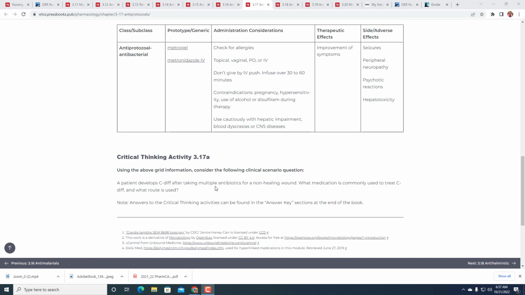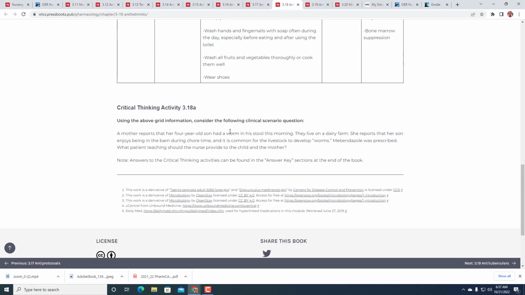So if the patient takes alcohol with an antibiotic, metronidazole, then that would make them quite sick to the point of vomiting and so forth. Not that you really should be taking any kind of alcohol when you're taking antimicrobials, but it is what it is. Okay, let's move on to 3.18.